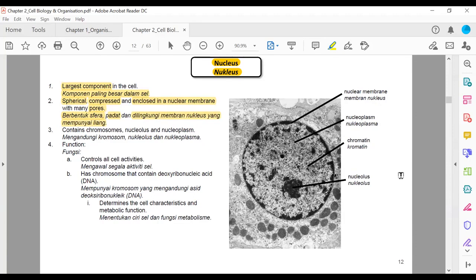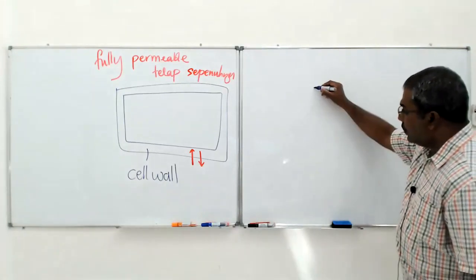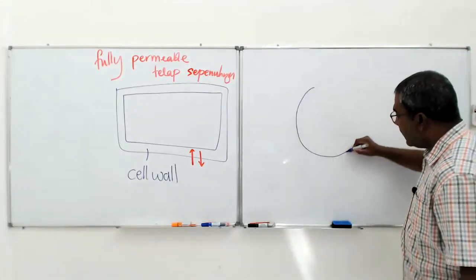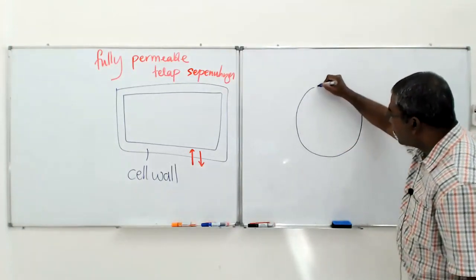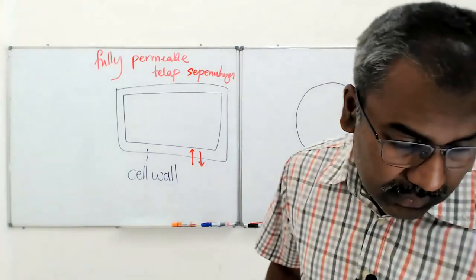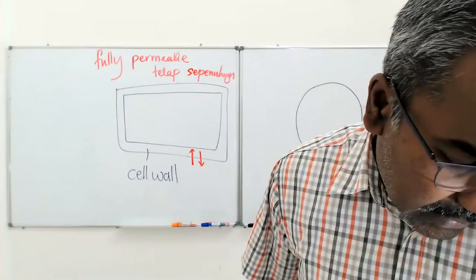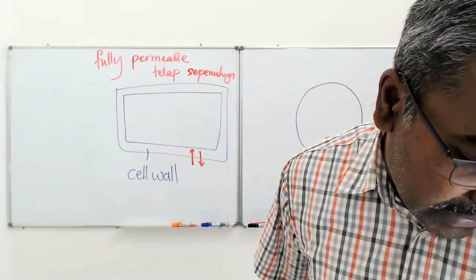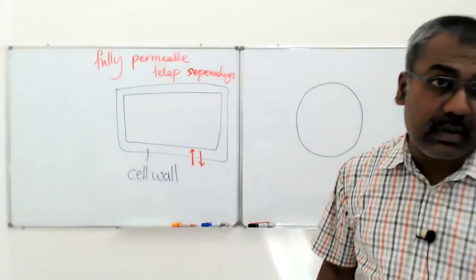So maknanya nukleus ni berbentuk sfera, dia bulat, lepas tu kompres, dia satu organel yang sangat padat. Lepas itu enclosed in a nuclear membrane. So maknanya, katakan contoh, this is nucleus. Ini ialah nucleus. So nucleus dilingkungi oleh enclosed in a nuclear membrane, dilingkungi membran nukleus yang mempunyai liang.